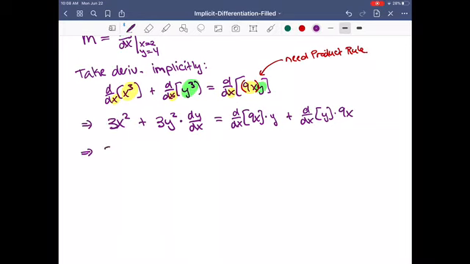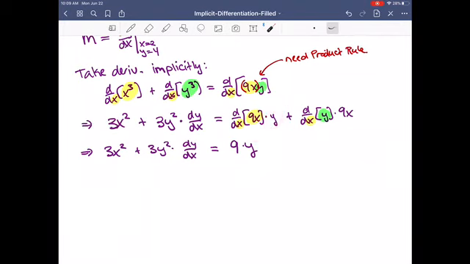So let's just compute those derivatives. The derivative of 9x, okay, so x's and x's, that's good. Over here I have x's and y's. So the derivative of 9x is just 9. And here, this y, we're not taking the derivative, so it's just y.